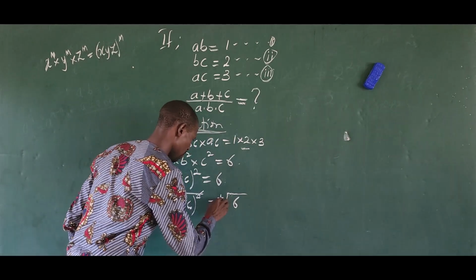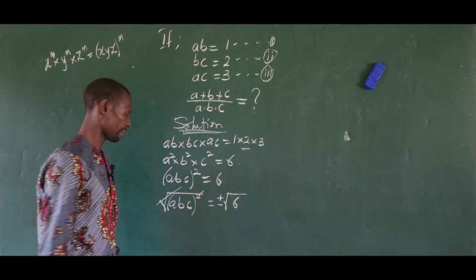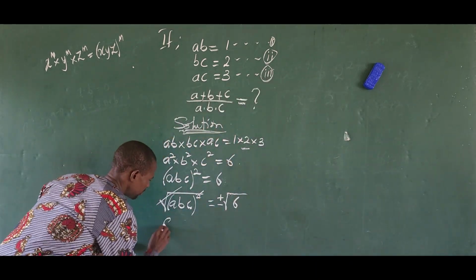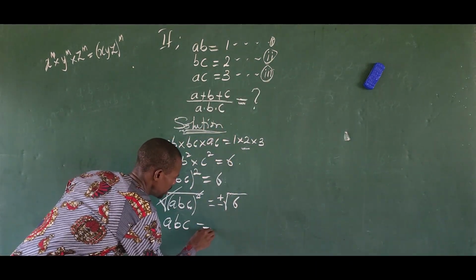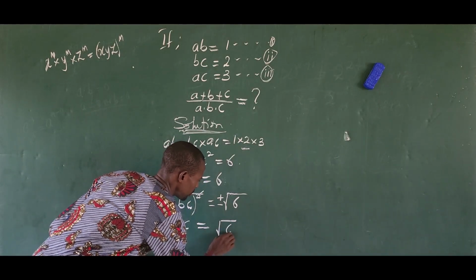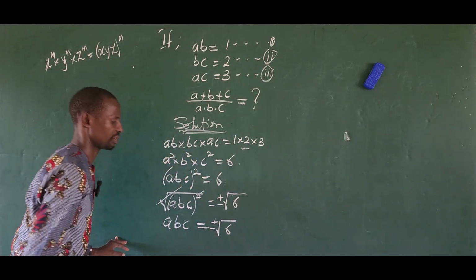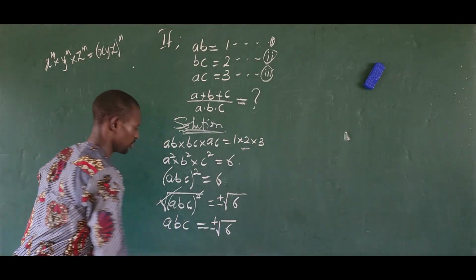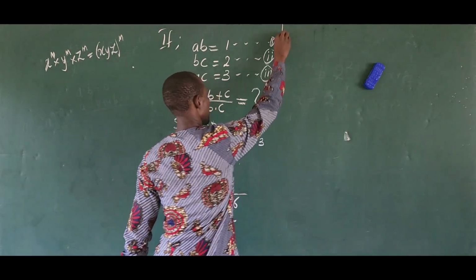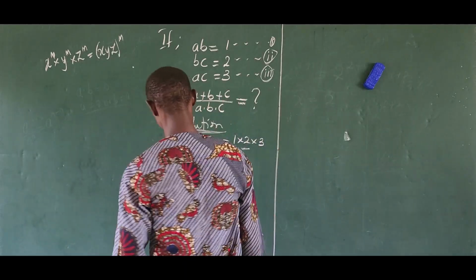Then we introduce our plus minus here. Then we now have our ABC out here. So we now have ABC is equal to the square root of 6, and we're putting plus minus in here. All right, so we're going to have two case scenarios from here, right? Good.